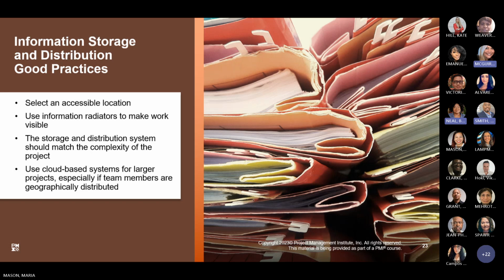Some projects may just require sharing on a SharePoint, while others use a cloud-based document storage and retrieval system for larger projects, especially if team members are geographically distributed, so everybody can get access to it.